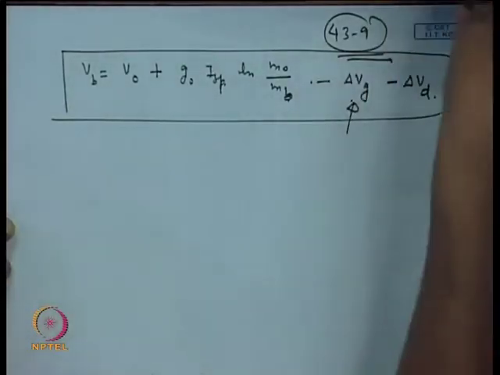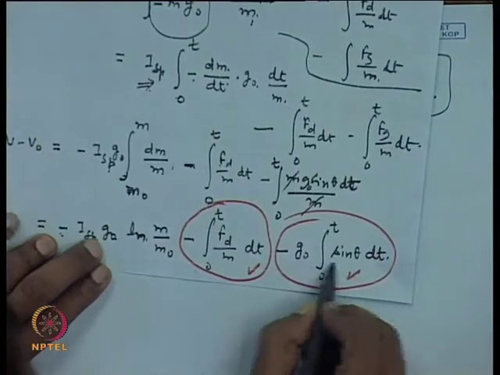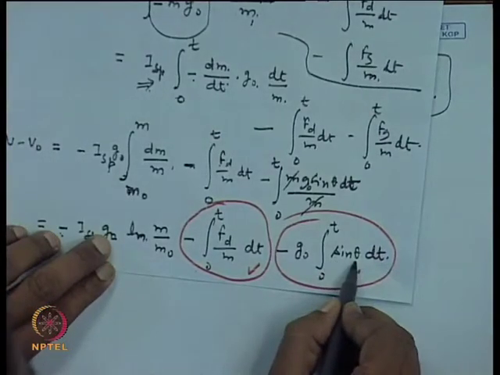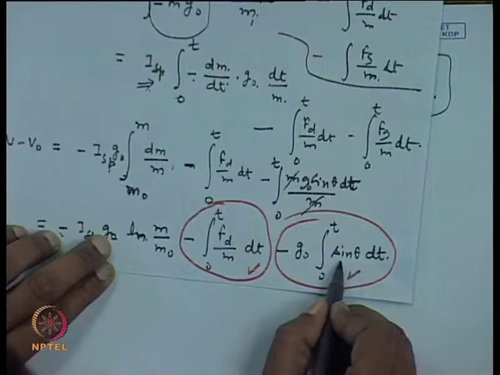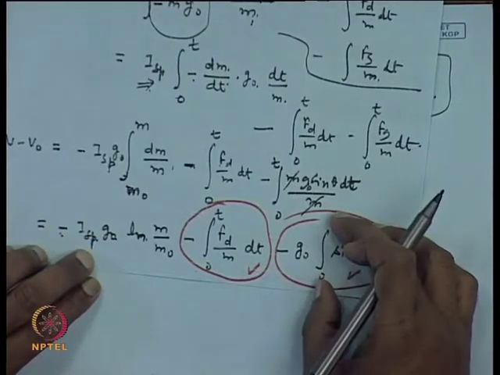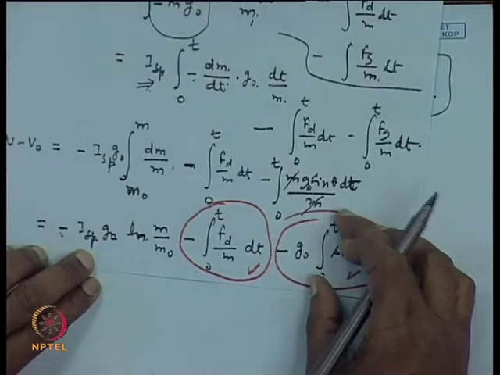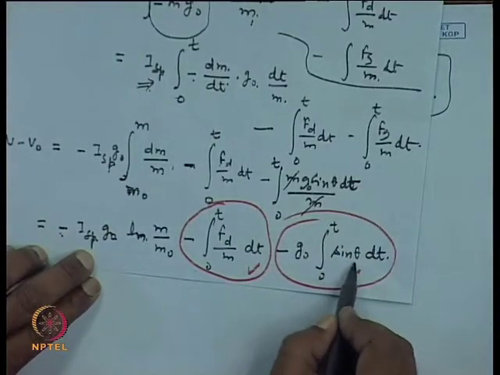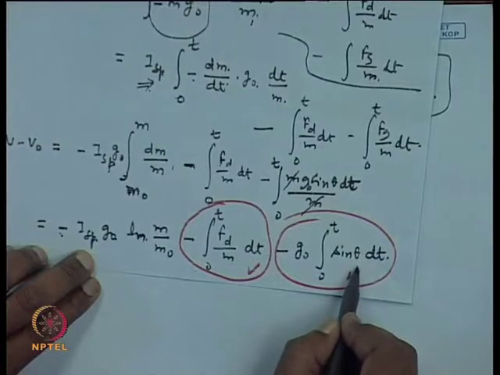So, for the gravity term, we saw that if theta is 0, theta remains 0, then this term will vanish, or the time of flight should be small, where theta is the flight path angle that we have already stated.